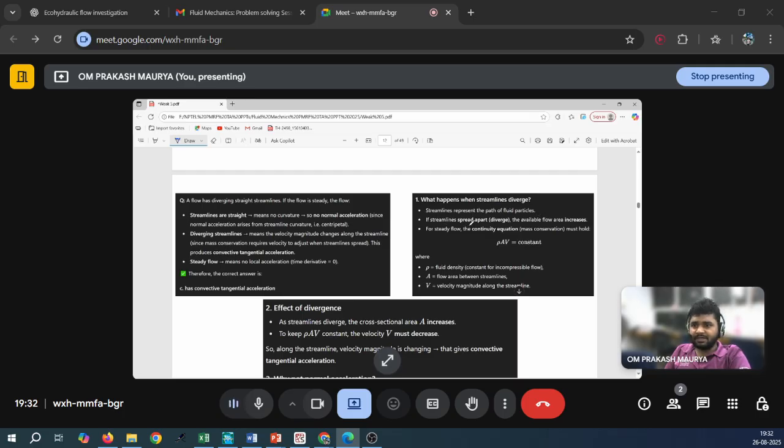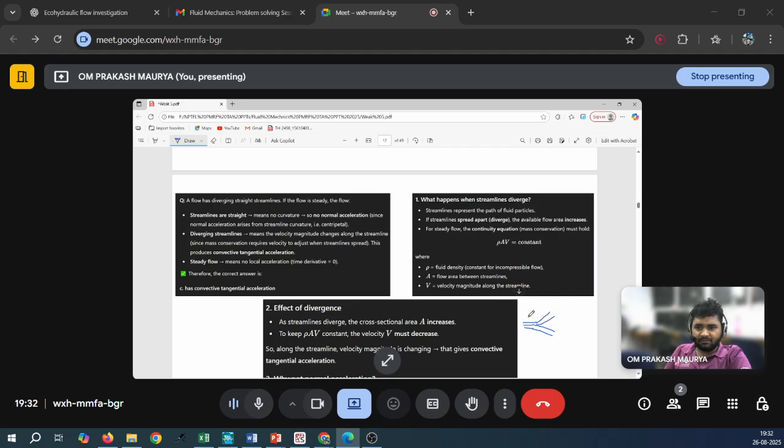If the streamline is spread apart, that is the divergence, the available flow area increases. Let us suppose initially the flow was like that, but somehow your flow is diverging like that.